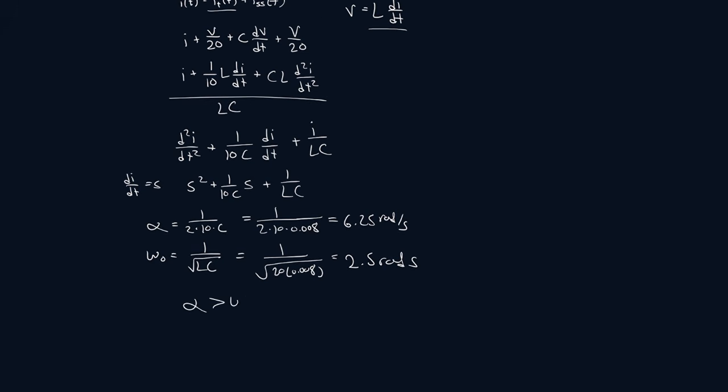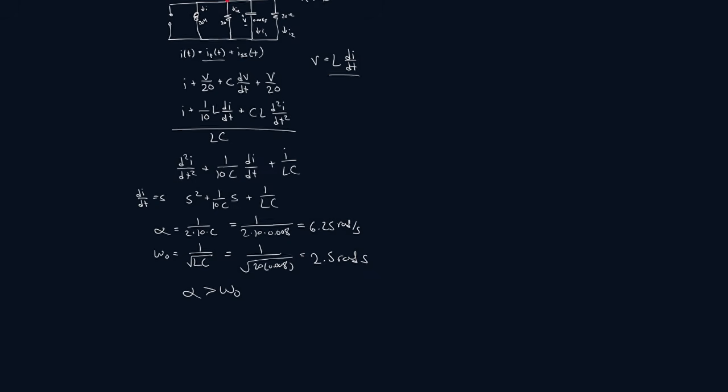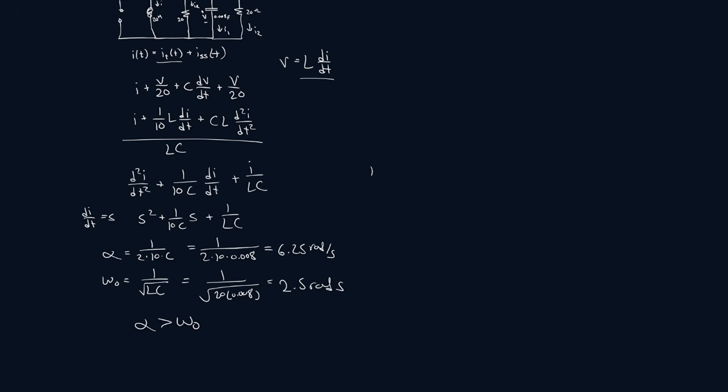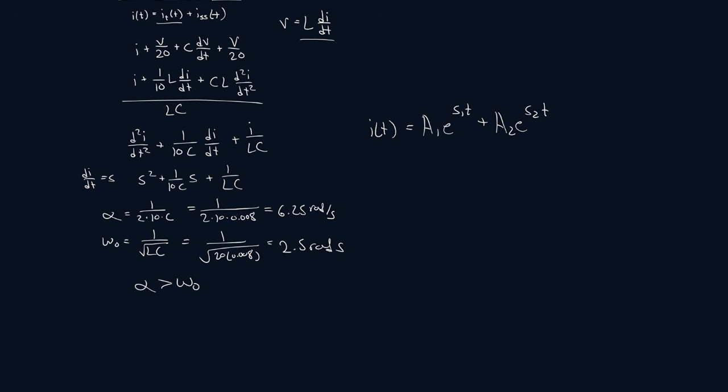Alpha is greater than omega, which means it's overdamped. So I'm going to use the following formula to find the current passing through the inductor, which will be A1 times e^(S1 t) plus A2 e^(S2 t), S being my root values for this. Obviously you can use a quadratic formula, which should send you to this.